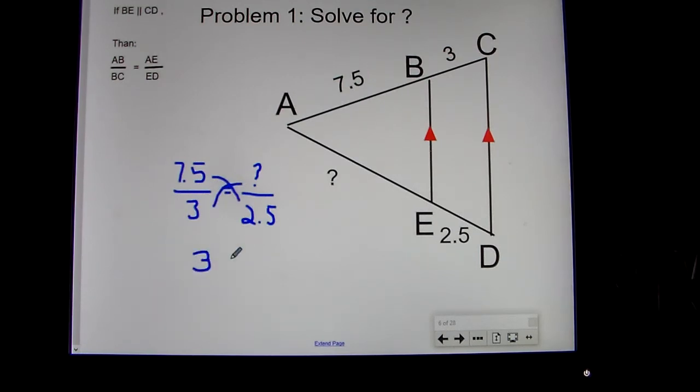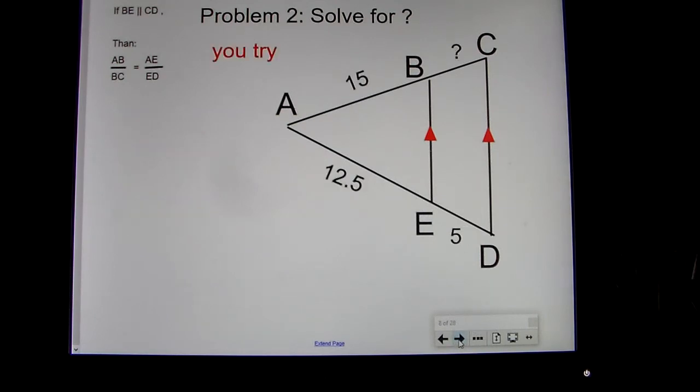So it'll be 3 times question mark equals, well, 7.5 times 2.5 gets us 18.75. And then we do 18.75 divided by 3, and our question mark is going to equal 6.25. So that's how you find that question mark.